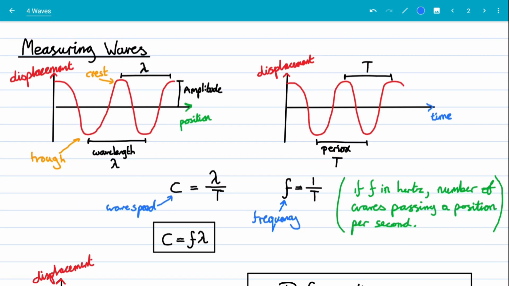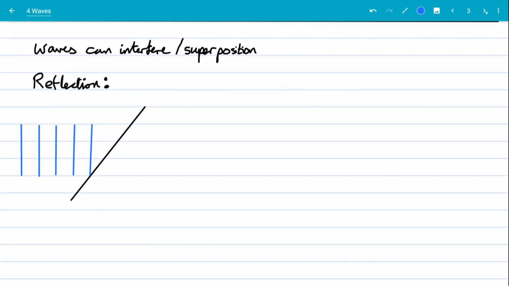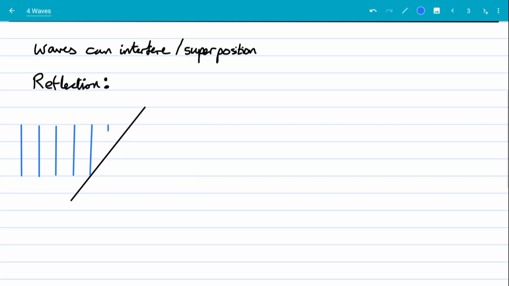Remember, let's go back to the last session. We've got the crests, we've got the troughs. So let's just think about these as crests of the water wave. That might be the easiest way. These lines show you the crests of the water waves, and they form a nice line because our vibration generator was a nice line. And if we add up all the effects of all the bits of water that are vibrating, this is what we see. So these wave fronts are going to approach this reflecting surface like this.